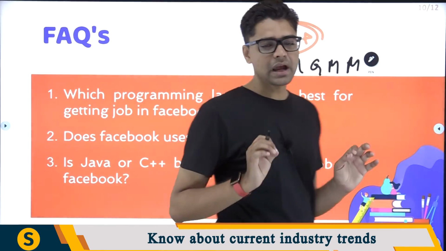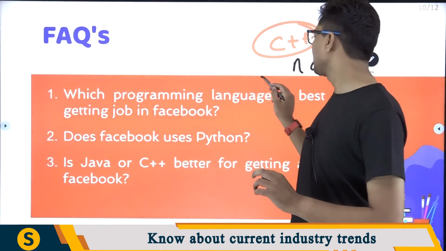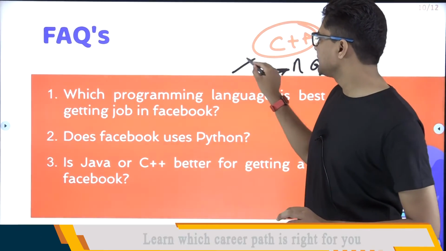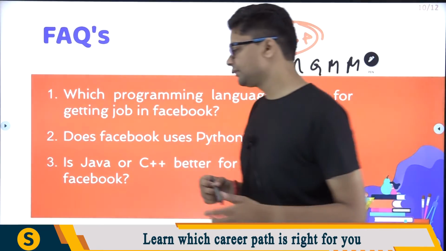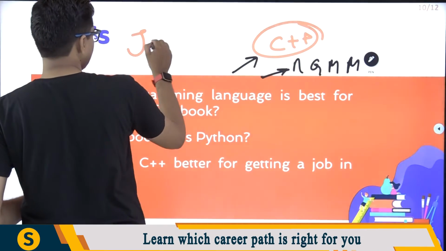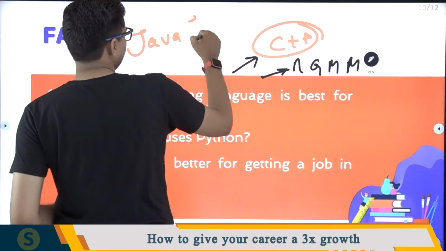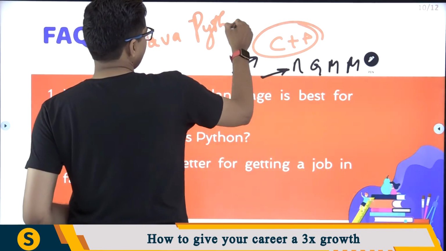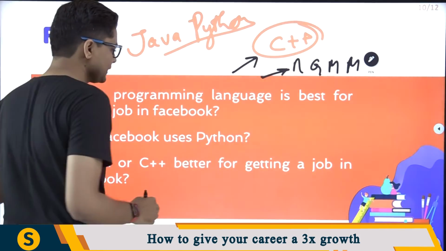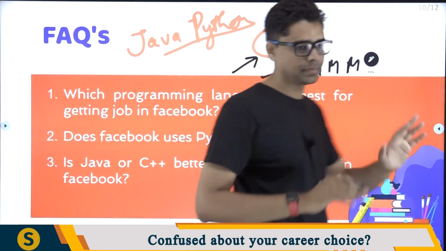All big companies which have to deal with hardware are using this language one way or the other. So this can be a very good starting point. If you don't feel like it, Java is one good language. Python is also a good language, or any other language we have discussed in this video.